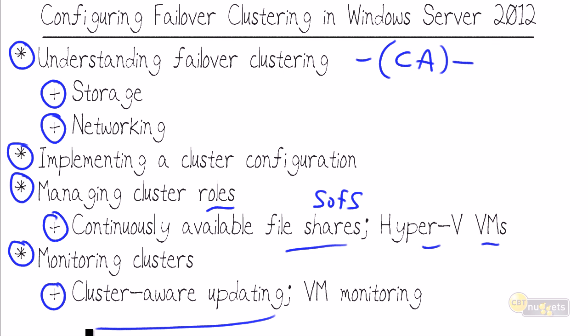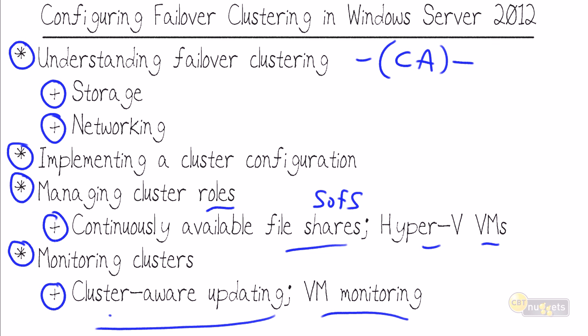As your cluster size goes up, so does the time it takes to keep those nodes up to date with Windows Update or WSUS. You're going to absolutely love that, I think. And also VM monitoring, which enables us to drill through a Hyper-V server into the virtual machine, into the guest operating system, down to the service level, and receive alerts that bubble up to the host when things go kerflunky.